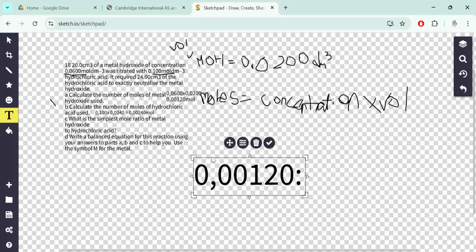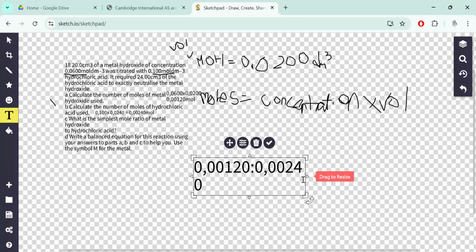So we're trying to find the ratio here. And the number of moles of hydrochloric acid would be 0.00240. Now we can see clearly the ratio over here. 240, or 24, can be divided by 12, and 12 is also divisible by 12.